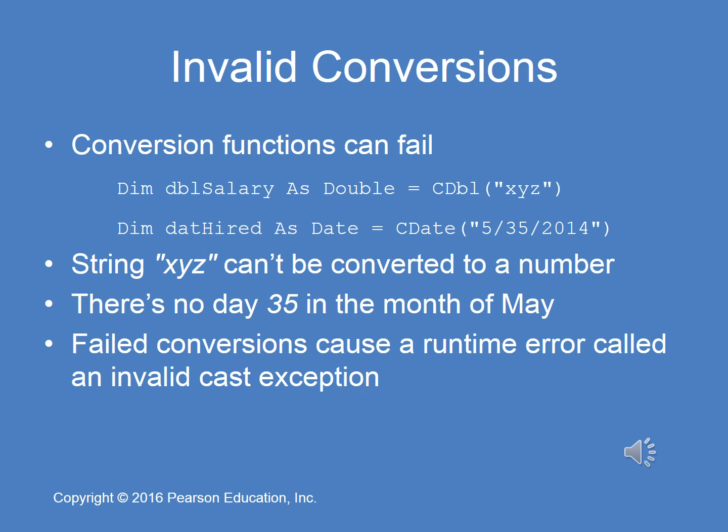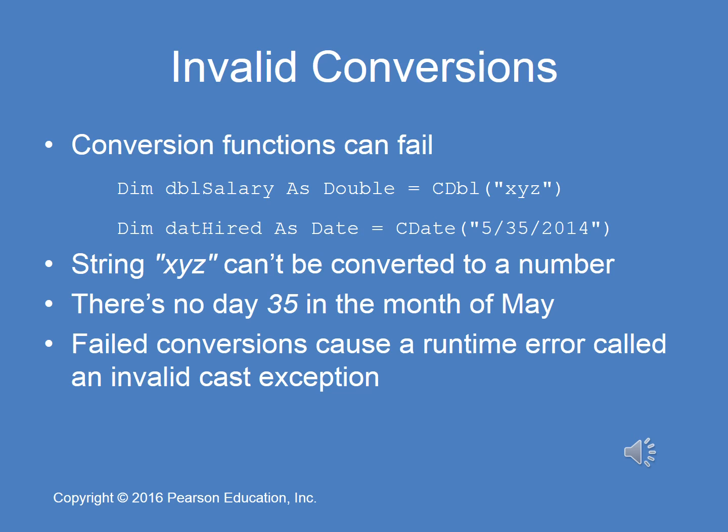As I mentioned previously, the conversion has to be valid. The value passed to the function has to be valid. So here are some invalid attempts at conversion that will generate a runtime error called an invalid cast exception.